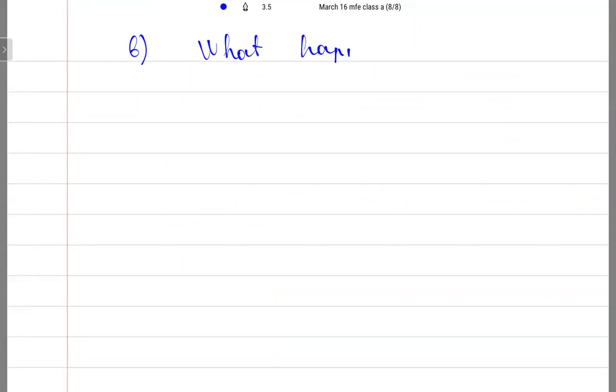What happens with the optimal value? What happens with the maximum? Because we have solved the maximum. But for the minimum, the logic is the same.